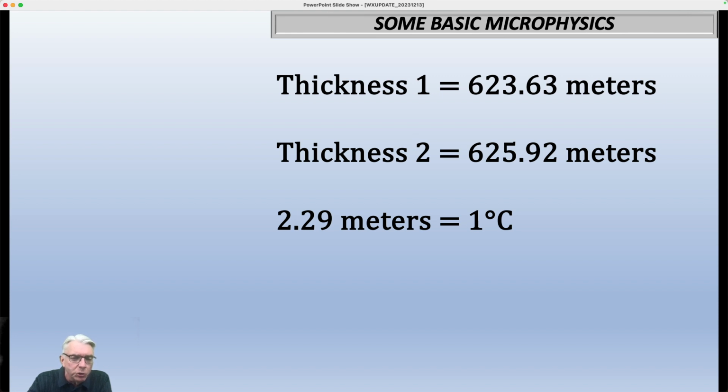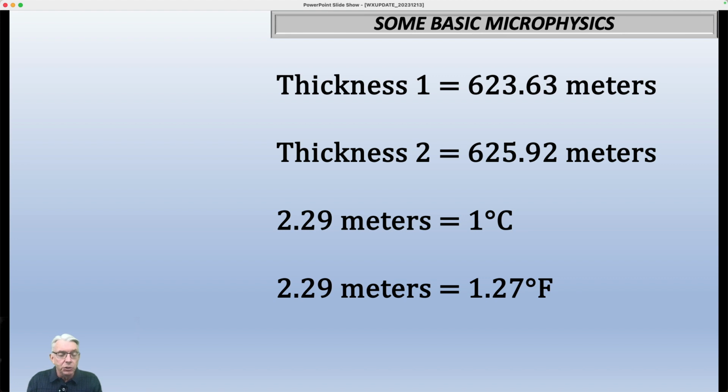So that's a difference of 2.29 meters corresponding to 1 degree Celsius, and 2.29 meters, if you change Celsius to Fahrenheit, is going to be 1.27 degrees Fahrenheit. So for every 2.29 meters increase in thickness, the average temperature of the layer is going to go up by 1.27 degrees Fahrenheit. Okay, you with me so far?